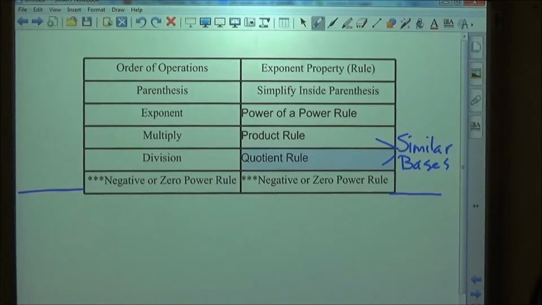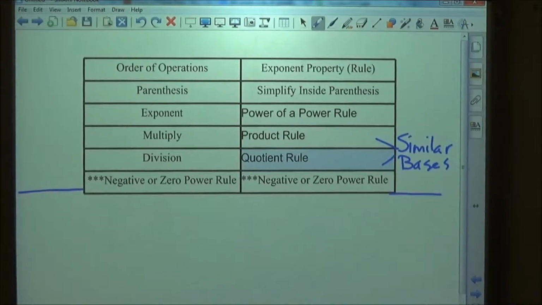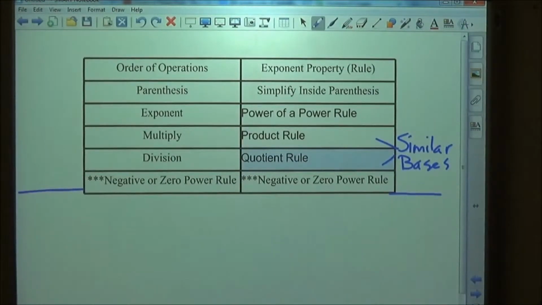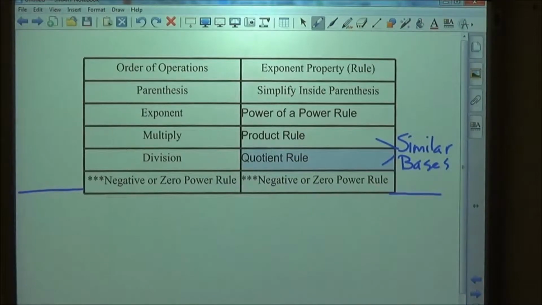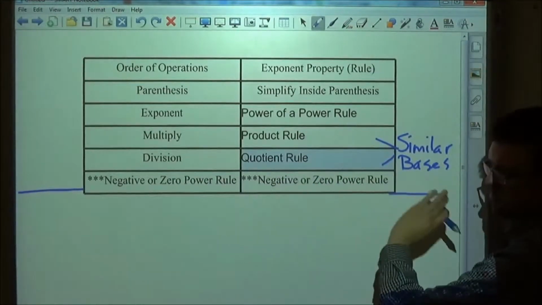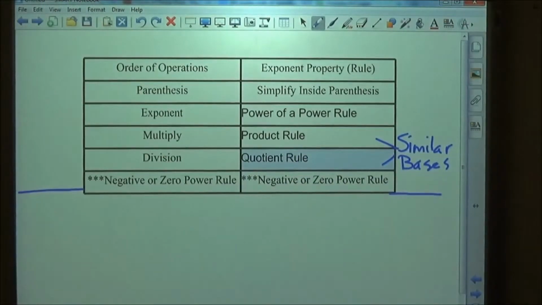Now sometimes they'll trick you and they'll try to put a little subtraction problem inside your parentheses, and if you did that subtraction problem you'd realize that, wait a minute, the answer to this addition or subtraction problem, the thing next to it is a base just like it. So you better be careful with that. But if you notice that you have two bases that are not the same, you can't use these two rules, you can only use them on similar bases.